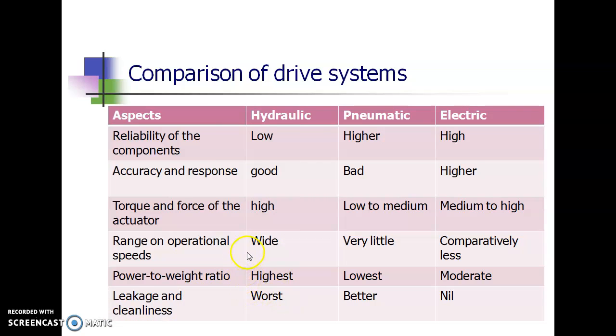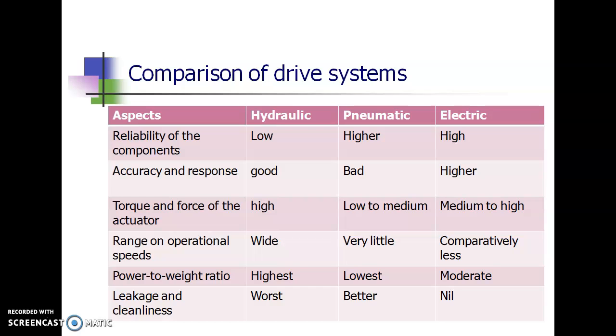So when we are comparing, the hydraulic drive system has the highest power to weight ratio. This is what we already mentioned. Though the pressure developed is larger in the case of a hydraulic system, the system is not going to be very big or voluminous, or have more weight.